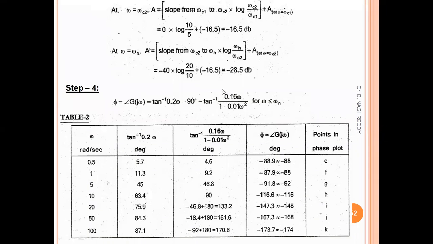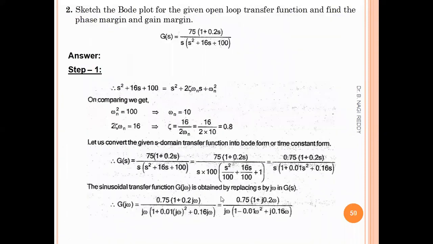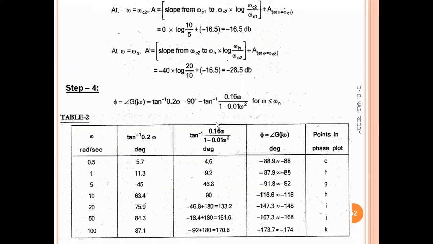And similarly, for the third term, we will use this quadratic expression. This is a constant value, and this is a j term, meaning complex representation. So that's why we will use y by x. Generally, the format will be r plus j x, right? So tan inverse of x by r we need to write. That's why 0.16 omega by 1 minus 0.01 omega square. So using this, we can calculate the phase angle.